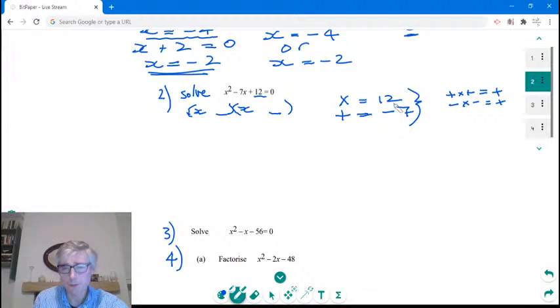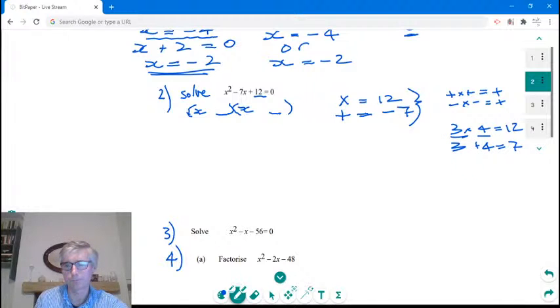So if we think about the factors of 12, we could see that 3 times 4 would give us 12, so that could possibly be the right answer. But 3 plus 4 gives us 7, so it can't be a positive 3 and a positive 4.